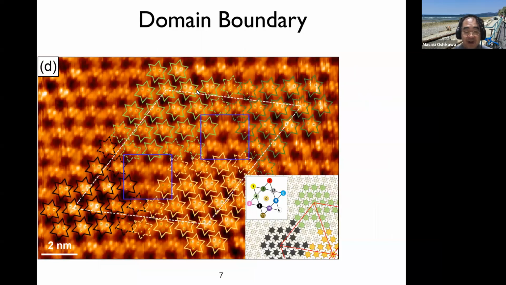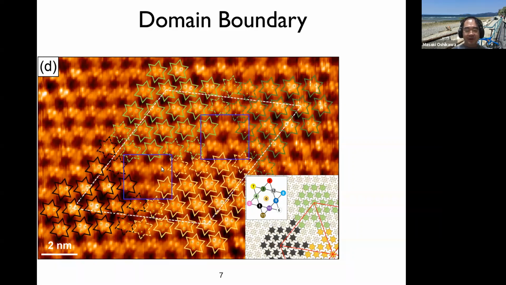And this is an enlarged picture from the STM measurement. So you can identify this ordering pattern in each domain, but this is the ordering pattern in the next domain. So in each domain, these Stars of David are spaced regularly. But at the domain boundary, there is a clash of Stars of David.